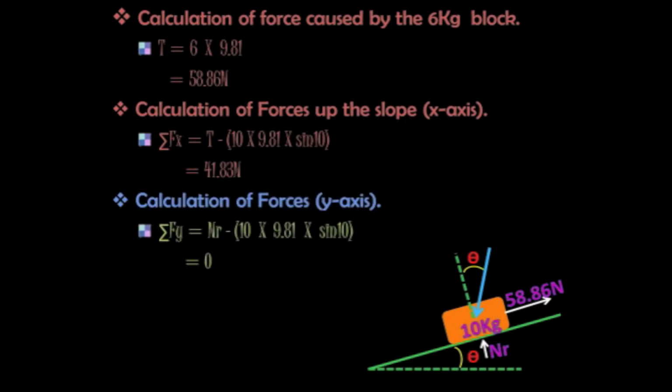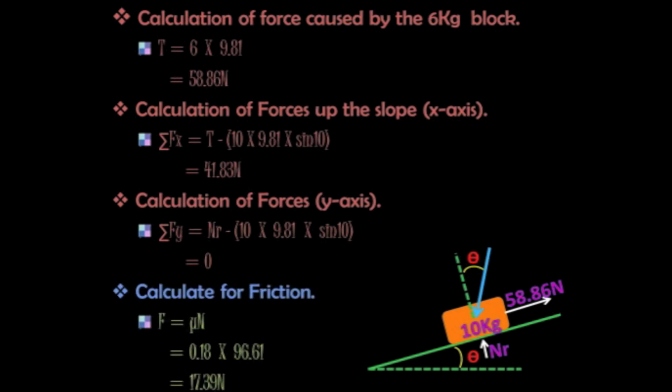Then we calculate for forces along the y-axis. Summation of Fy would be 0 because the normal reaction force is subtracted by the y-axis of the new CG. Next, we find friction. To find friction, the coefficient is multiplied by the normal reaction force, which would give us 17.39 Newton.